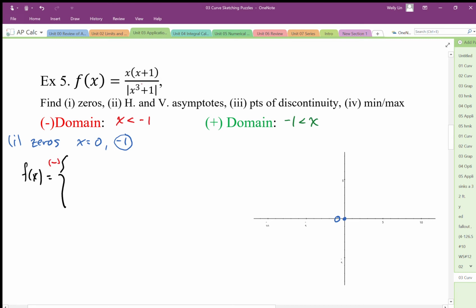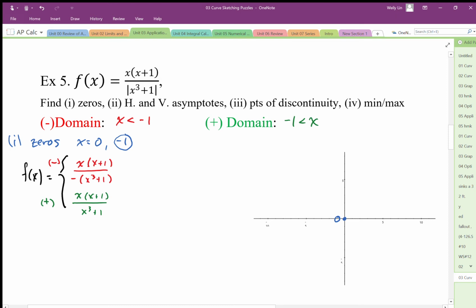When this is negative, I'm going to end up with x plus 1 divided by, that's going to flip to negative x cubed plus 1. Okay, so that's my negative. My positive is going to look like this. The positive domain doesn't change, so it's just going to be x plus 1 over x cubed plus 1.